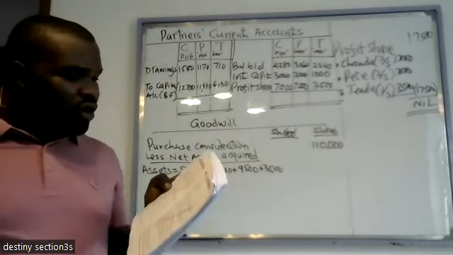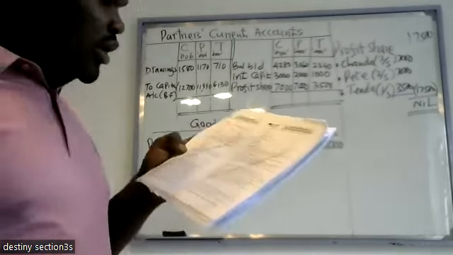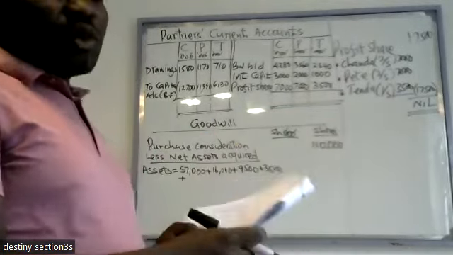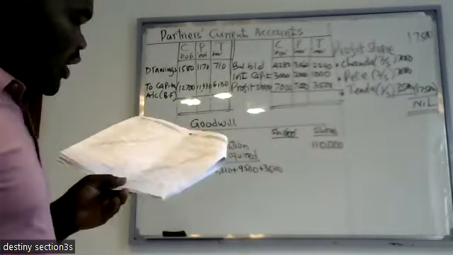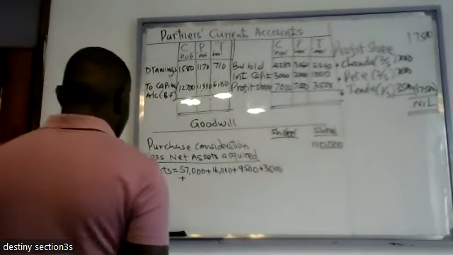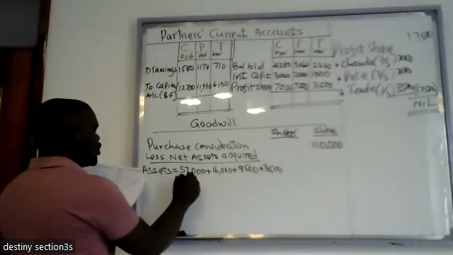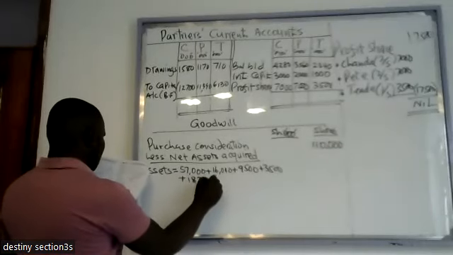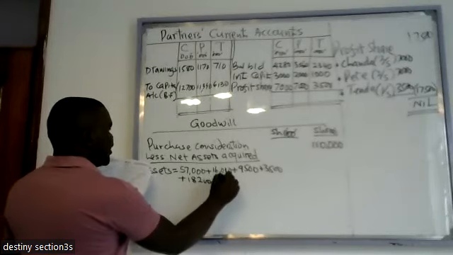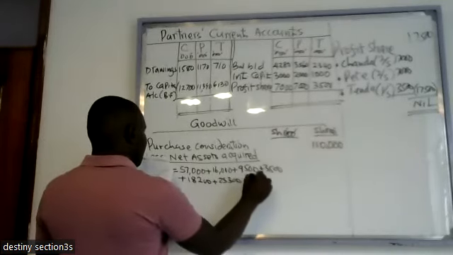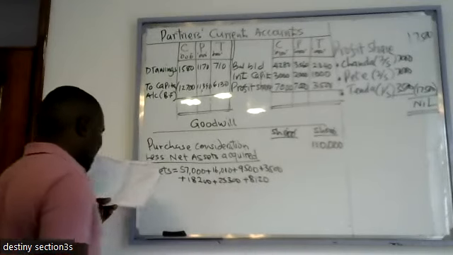Then note 4, the current assets and liabilities were taken over by the new company at their book value. Just check the way they are appearing in the trial balance. So at book value, trade receivables 18,200, inventory 25,300, cash 8,120.